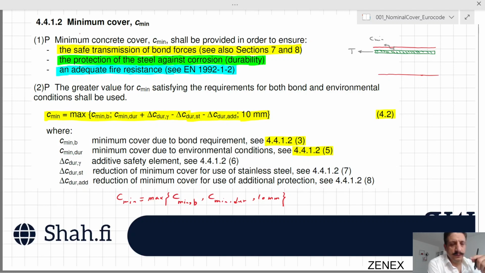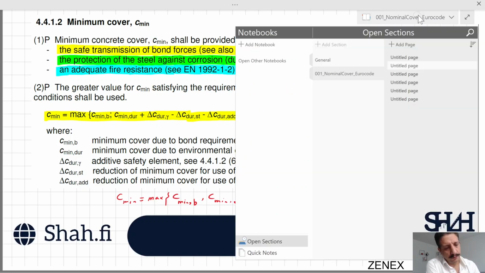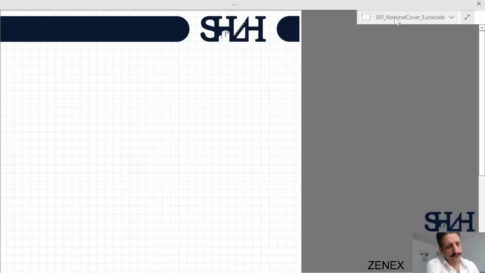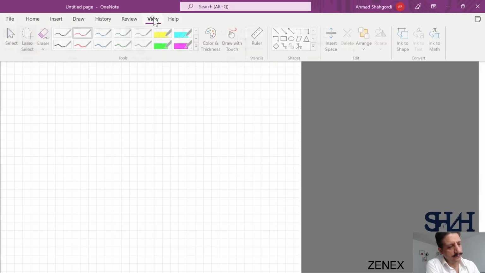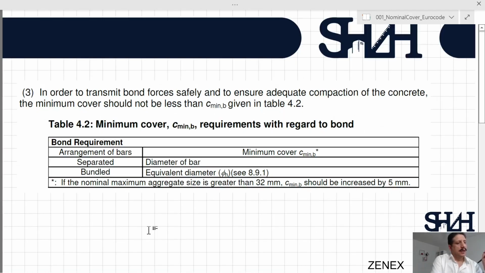So now we need to calculate c min,b, which is given in the relevant clause of the same code. In order to transmit bond forces safely and to ensure adequate compaction of the concrete, the minimum cover should not be less than c min,b, given in table 4.2. Bond requirement: arrangement of bars, and minimum cover c min,b.